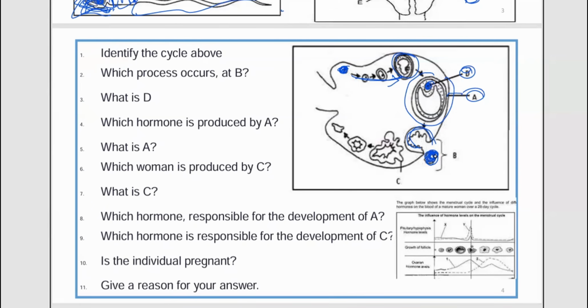I said the ovum here, and then this process is called ovulation. We have to know that when the ovum has been released, it becomes empty. So the empty Graafian follicle is turned into corpus luteum. So now we have this side whereby there is shrinking of the corpus luteum, or the corpus luteum remains big.